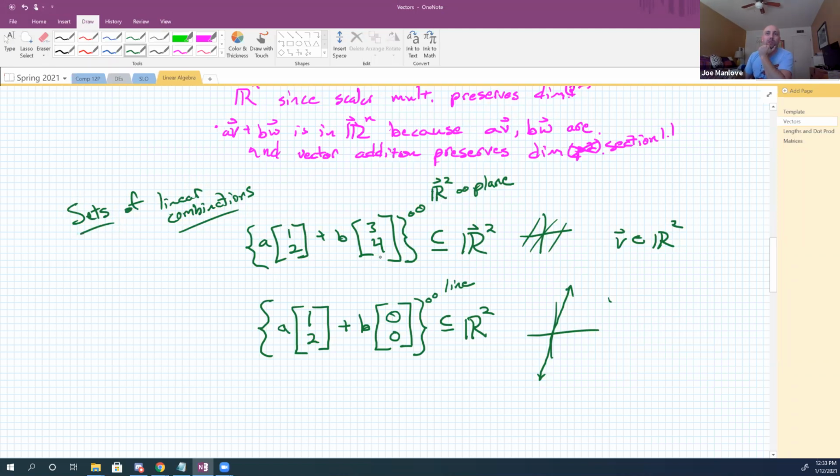So a linear combination of two vectors in R2 can be all of R2, or it can just be a line, or what else could it be? Is there another option?